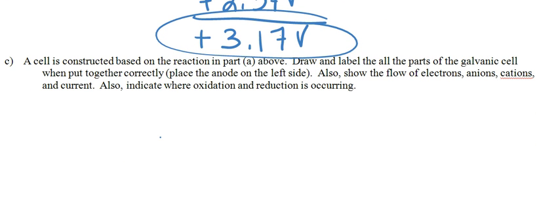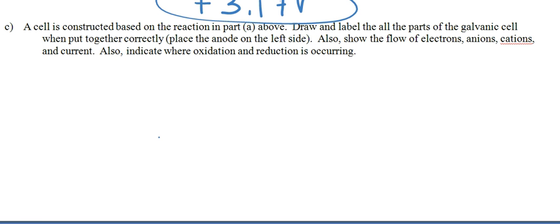Part C says a cell is constructed based on the reaction in part A above. Draw and label all the parts of the galvanic cell when put together correctly. Place the anode on the left side. Also show the flow of electrons, anions, cations, and the current. Also indicate where oxidation and reduction are occurring. Now, not a bad question.